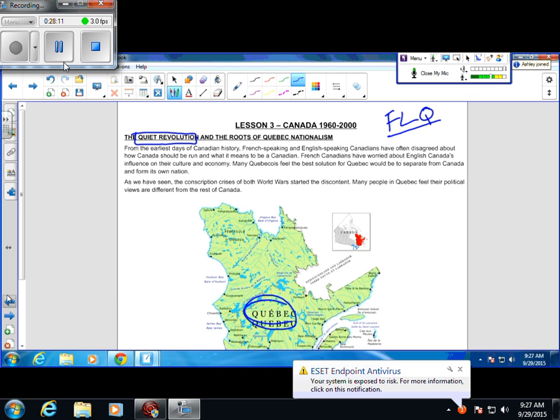Many Quebec citizens feel the best solution would be to separate from Canada and form their own nation. This is what most people in Quebec feel they want to do.